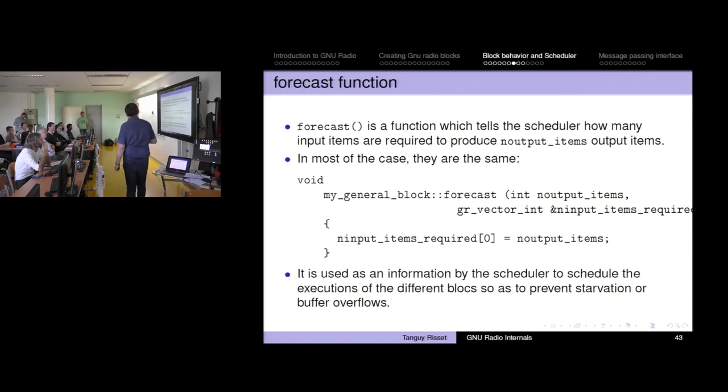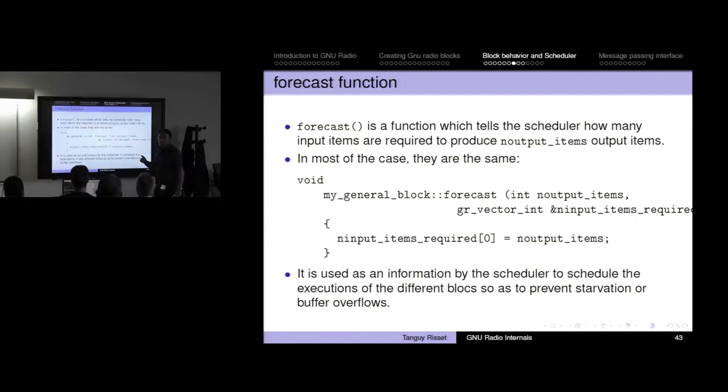Okay, so we talked about the forecast function. You remember, forecast is supposed to say how many input items I need to produce a given number of n output items. And here again, we have a parameter which is n output items. This is a simple example because it does not go with my previous slide. In my previous slide, I needed 4 input items to produce one output item.